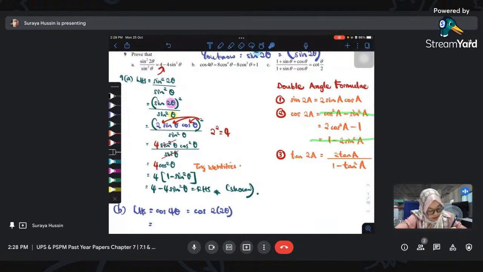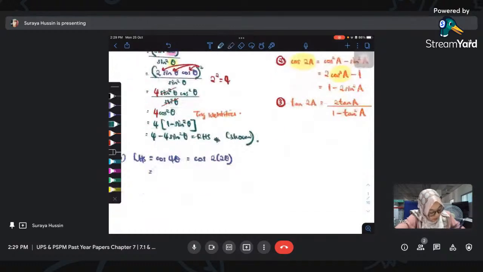So we gotta choose what is gonna make our life easier. So I'll choose that formula: 2 cos squared 2 theta minus 1. So that's how it works.